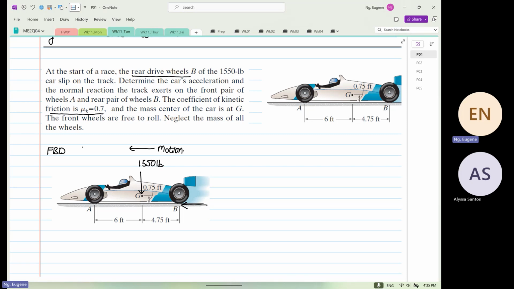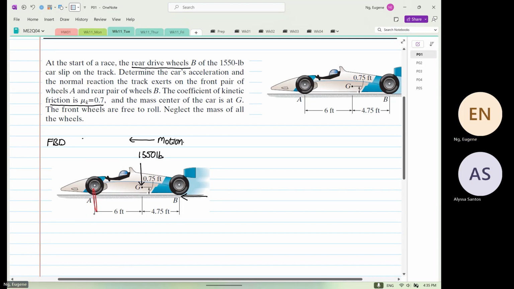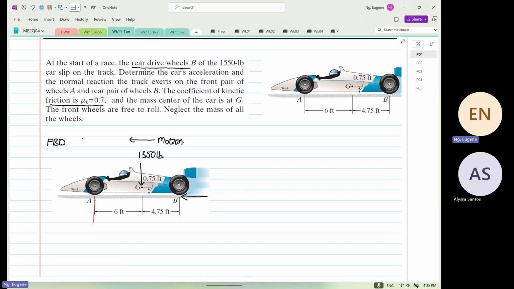But before I do the 0.7, we are aware that there are forces over here. So we know that this is your AY. Over here, this is your BY.